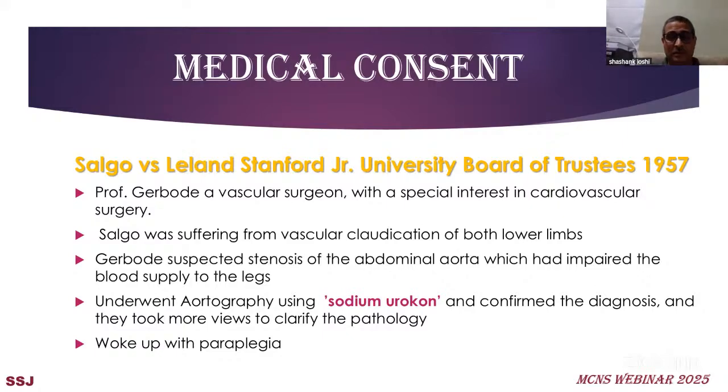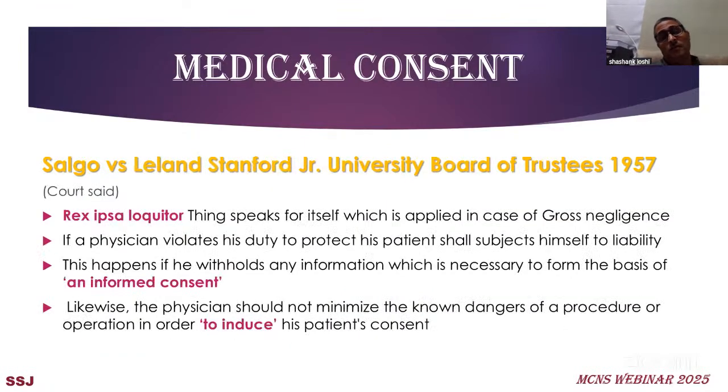But while taking the angiography, they took one or more views, as we regularly do for DSAs, and the patient woke up with paraplegia. In this case, the judiciary took res ipsa loquitur as an important legal maxim, which means the thing speaks for itself. In this situation they don't expect any explanation from the treating doctors, and this is a clear-cut case of gross negligence.